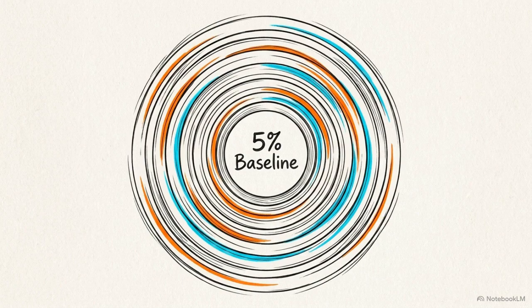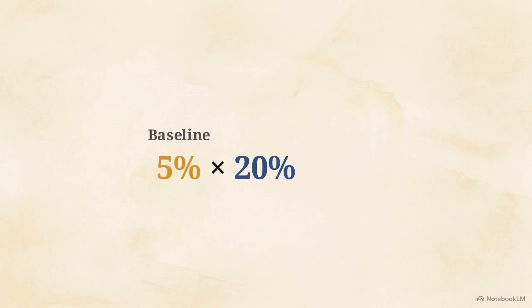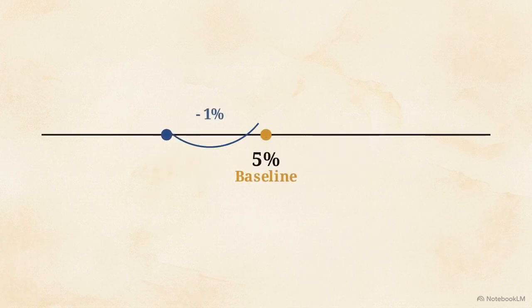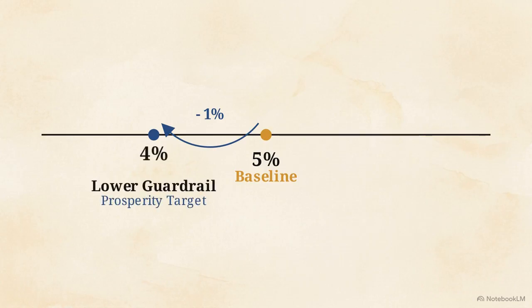With the baseline set, we apply the framework's primary mechanism, the 20% rule. This calculates the mathematical boundaries that will surround your starting point. Calculate 20% of that initial 5% rate to get a modifier of exactly 1%. Subtracting 1% from your baseline establishes your lower guardrail, the prosperity target, at 4%.